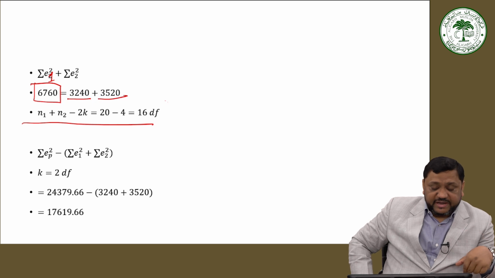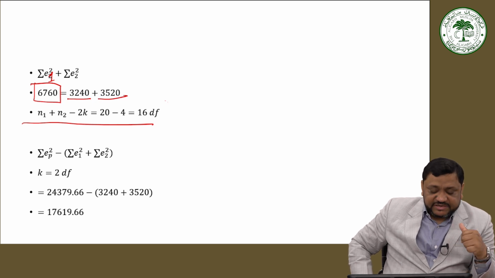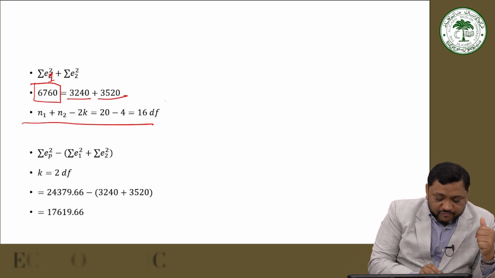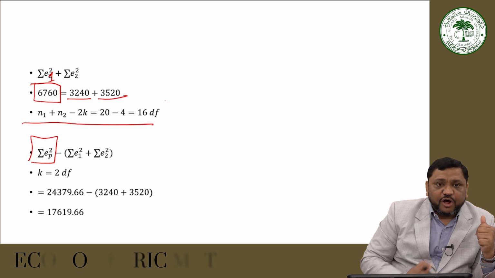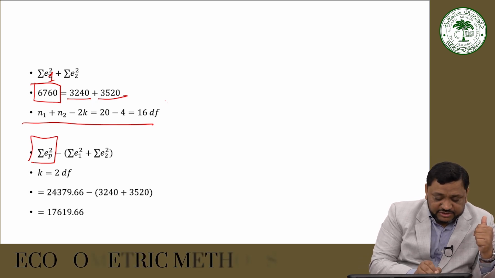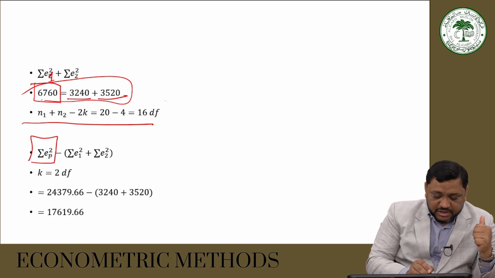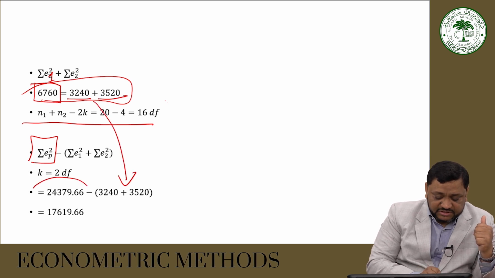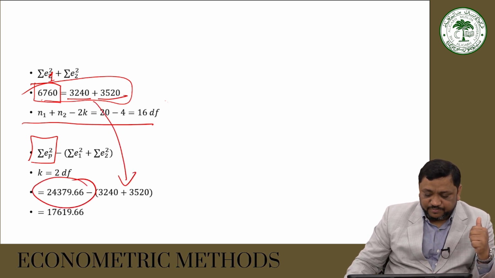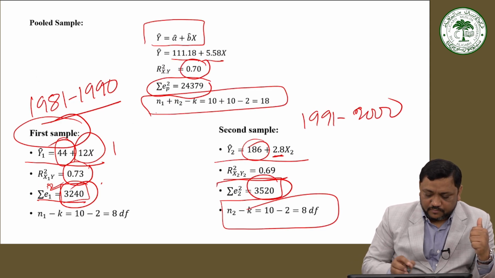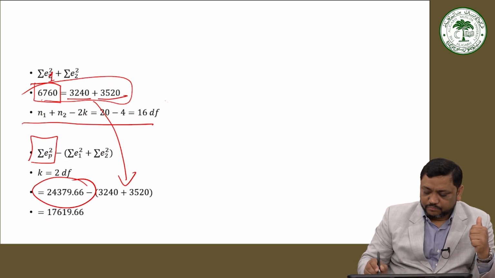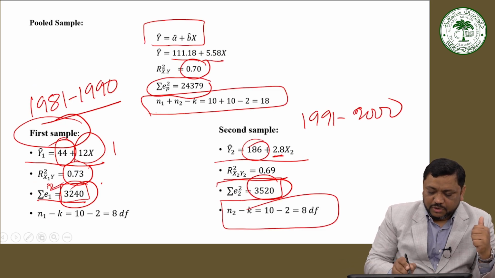For the pooled regression, next we will take the error from the pooled regression minus these two. This is the error from the pooled term, that is 24379.